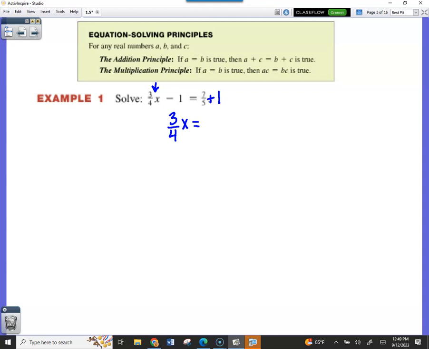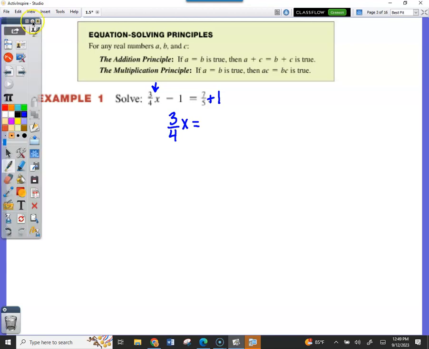Because I'm balancing it. If it's adding to 7/5, then you need to start training your mind to think of the 1 as 5 over 5. Because 5 divided by 5 is 1, and then you could add it in your head. But you don't have to. It's just going to make life easier when we get to certain stuff. So I'm going to add 5 over 5 right there, and then I don't have to go to my calculator.